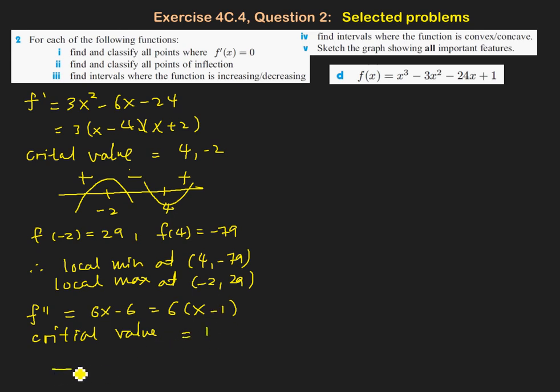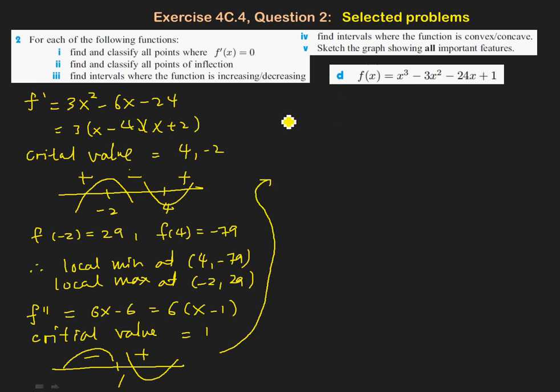For f double prime, we do the sign diagram using f double prime, not f prime anymore, and you should get this sign diagram, negative and positive. When it's negative, the function is concave. Positive is convex. Just check the theory in the text and you would understand this.